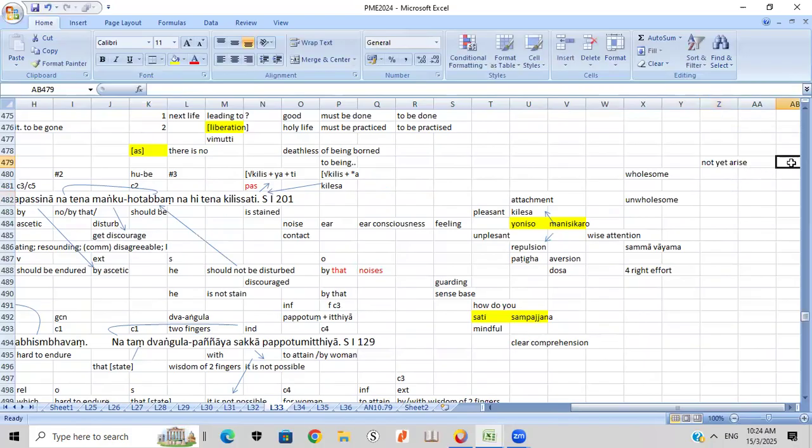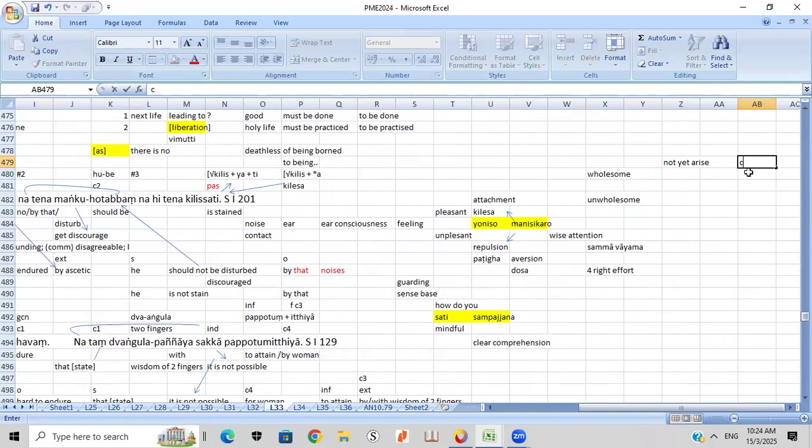You cultivate, that means bhavana. Not yet arisen, you cultivate and bring it up, to bring up the level. Once it is already up, you maintain.